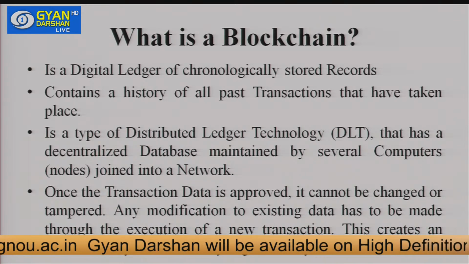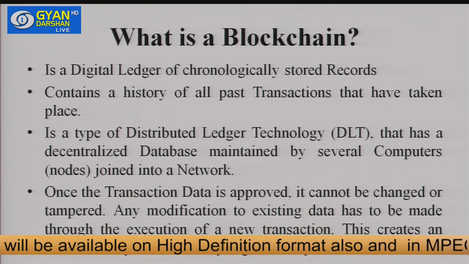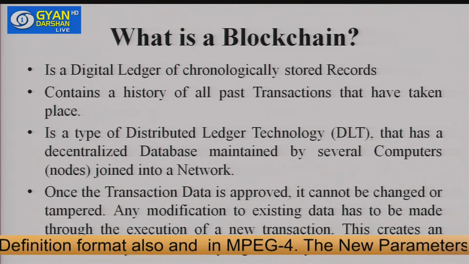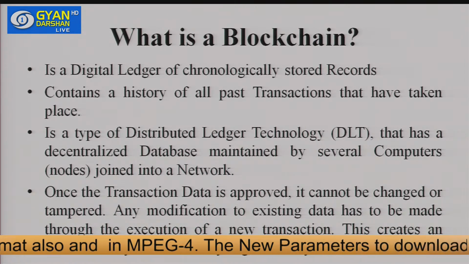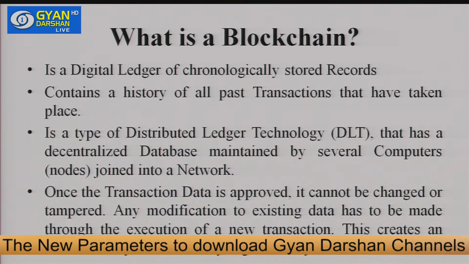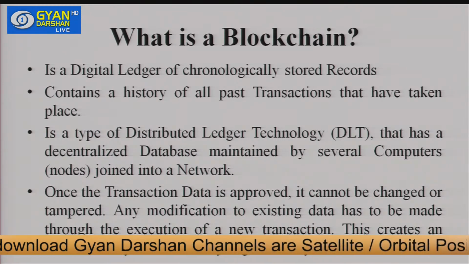That is the advantage of blockchain technology. This creates an immutable system with very high security. Because of this high security and immutability, nobody can change a record once it is recorded. That is the system of blockchain technology.